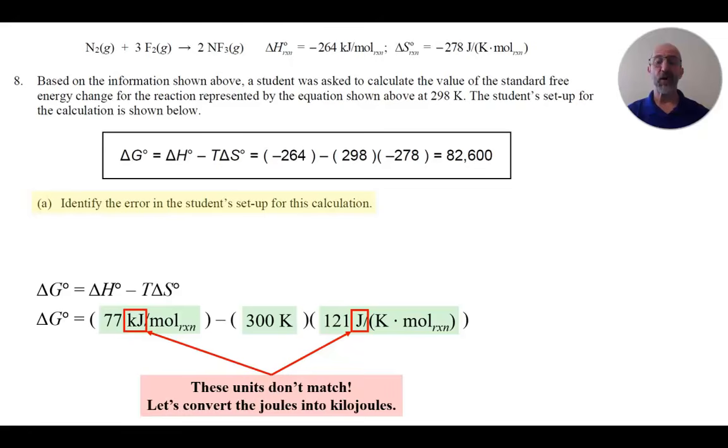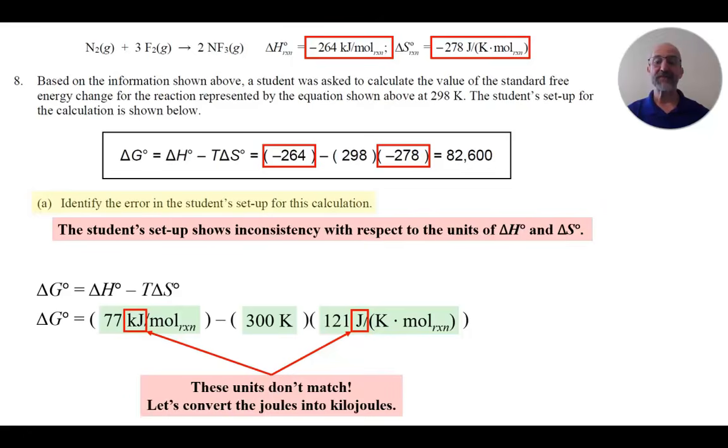So let's go ahead and solve this problem in the same way that I solved the problem in question 7. So what I'm going to do is take that negative 278 and switch that from joules to kilojoules. So the error in the student's setup for the calculation is that there is an inconsistency with respect to the units of delta H in kilojoules and delta S in joules.